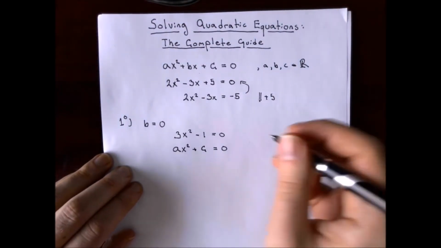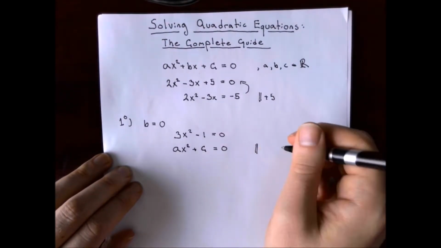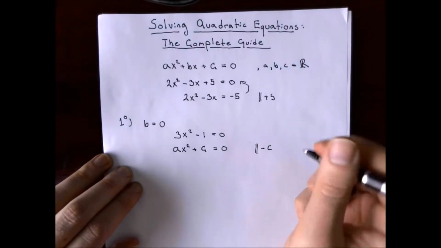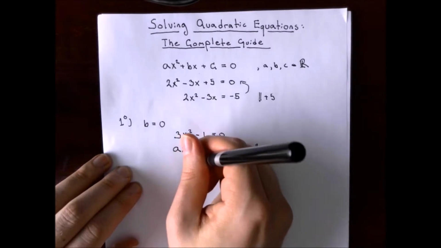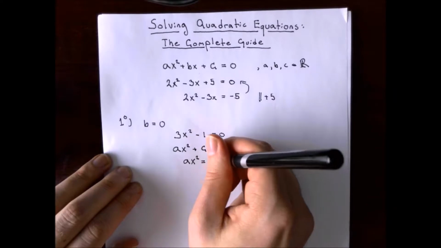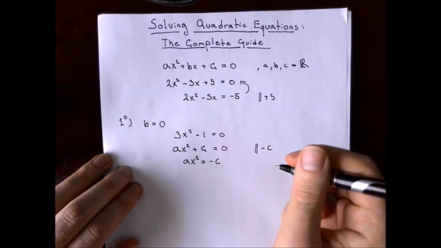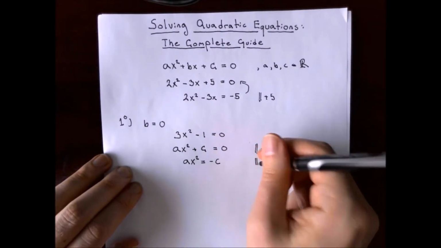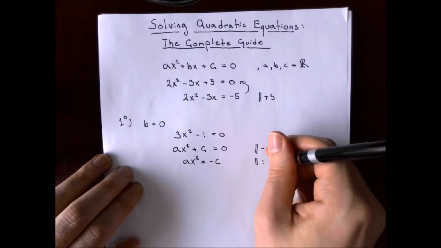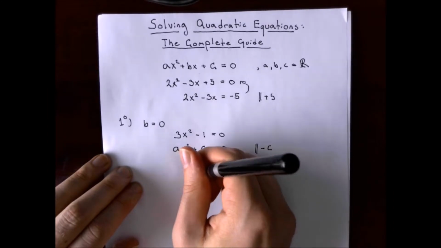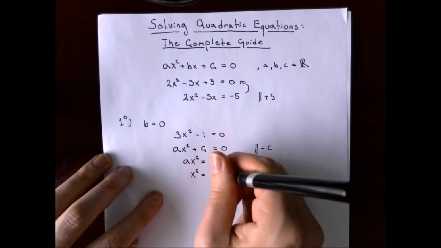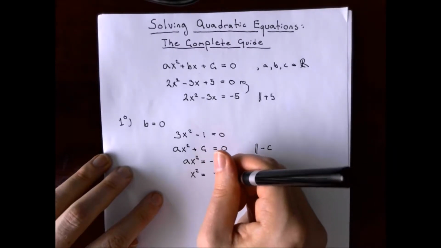And the method of solution is always the same. First, we subtract c from both sides, ending up with a times x squared is minus c. Then we divide by a, so we have x squared on the left hand side and everything else on the right hand side.